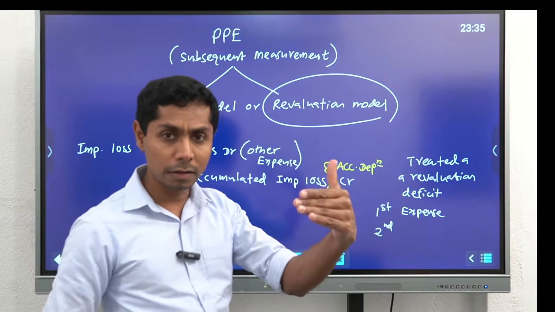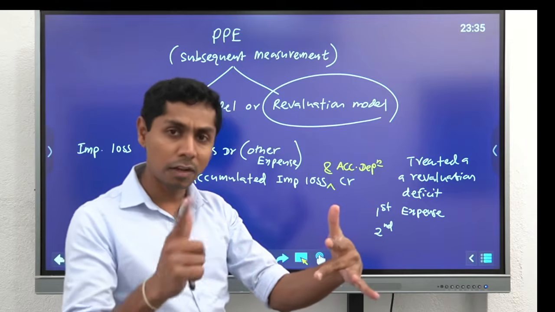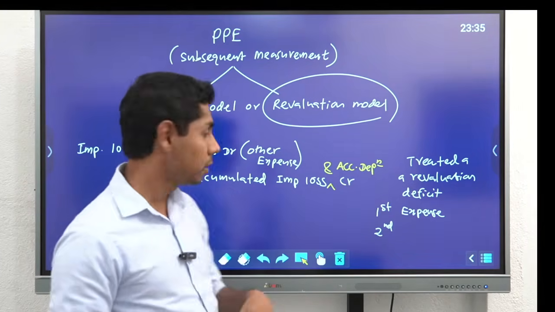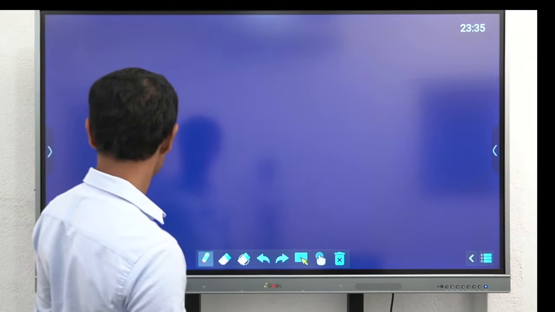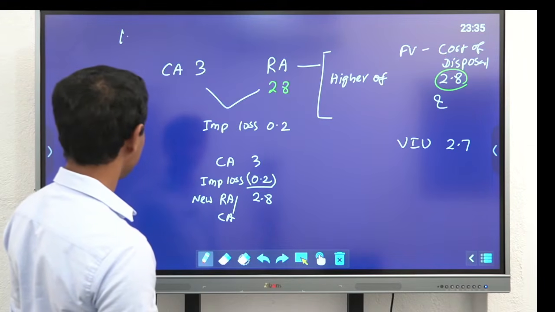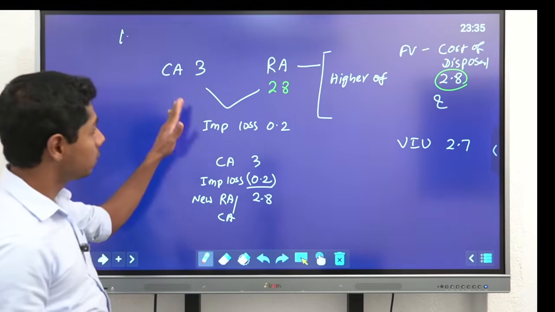Similarly, once you recognize the impairment loss, the subsequent depreciation or amortization should be based on the new recoverable amount, right? Because if I go back to a previous example, let me take this example.